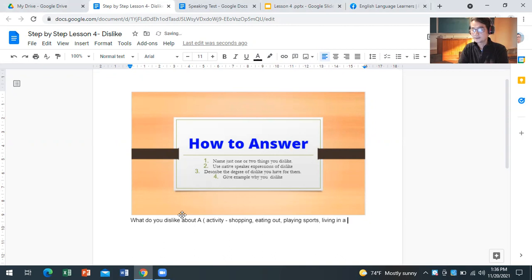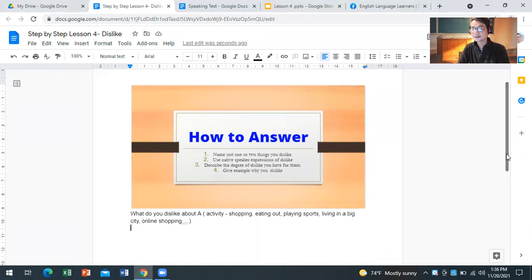Living in a big city, right? Or you can say online shopping, etc. So any question related to things that you don't like, you can answer using this template.